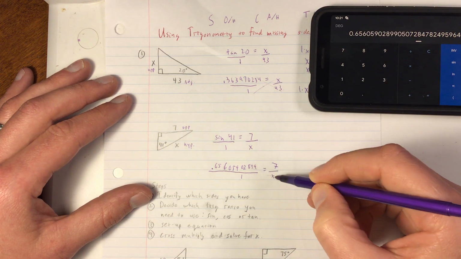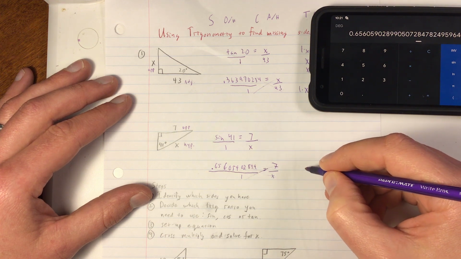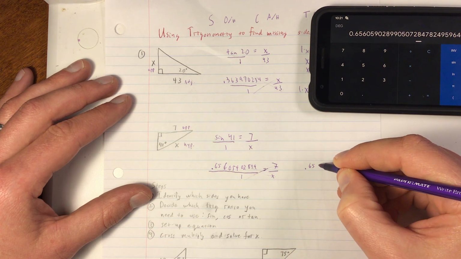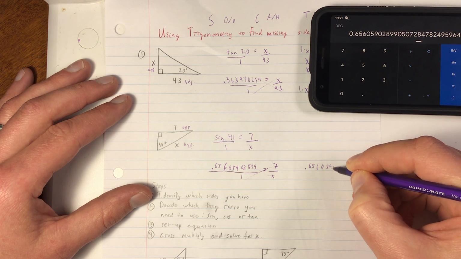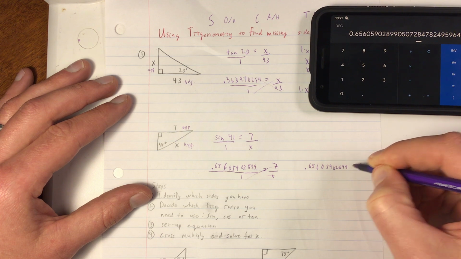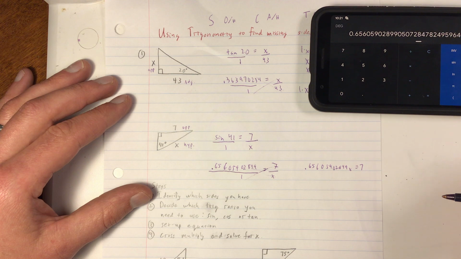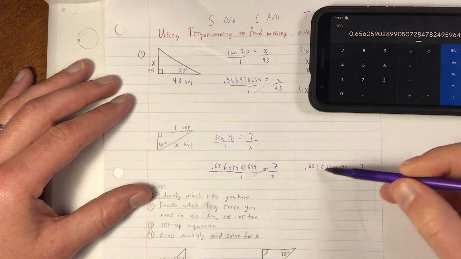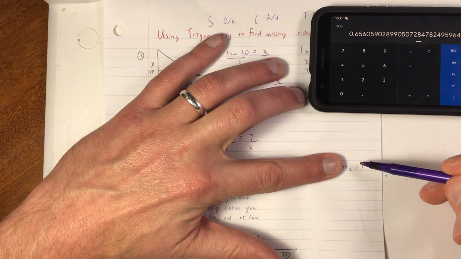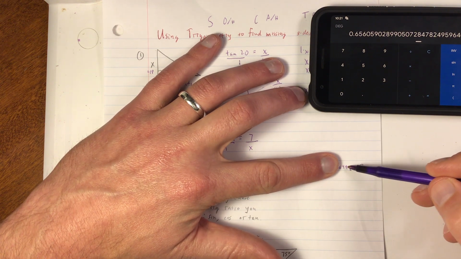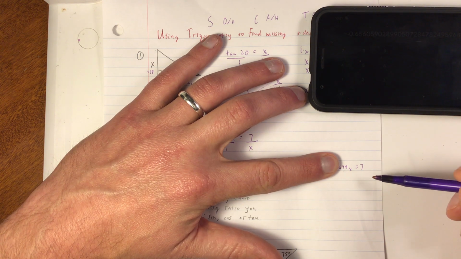So if I cross multiply, x times that big old long thing, 0.6560590288 9 9, x is equal to 7. Well, that looks big and scary, but if I just cover these up and said, what if it were just 99x is equal to 7? You would just divide by the number in front, right? Same thing.